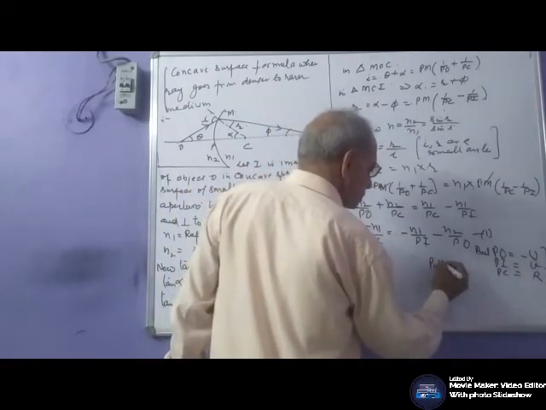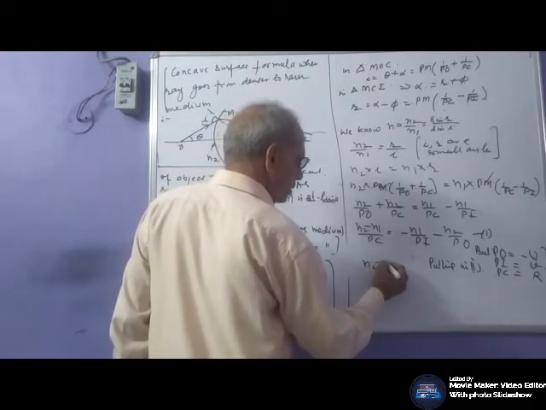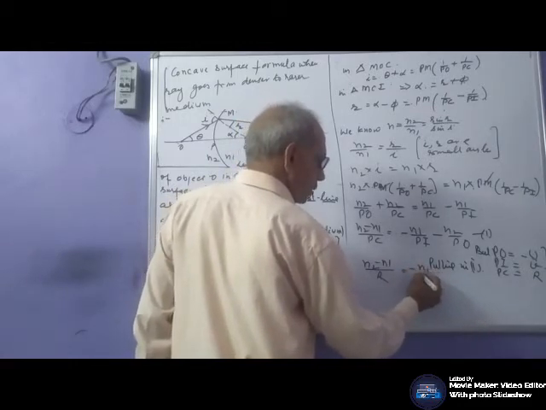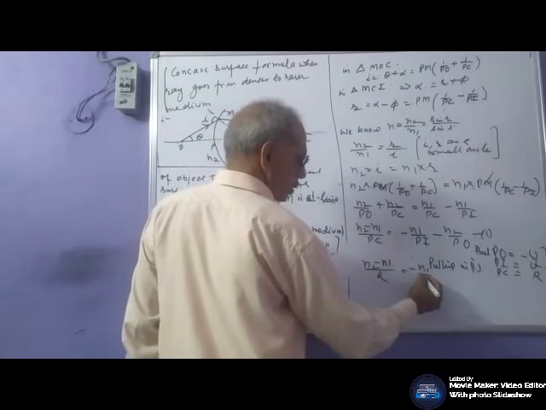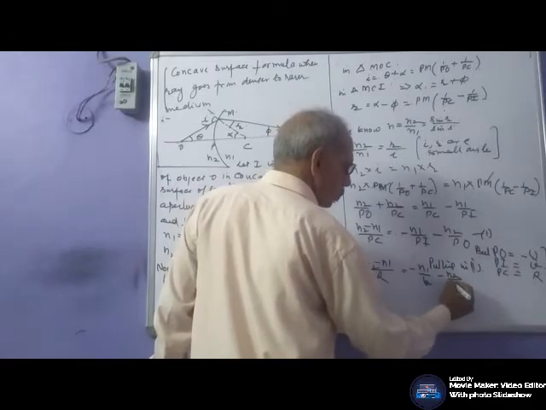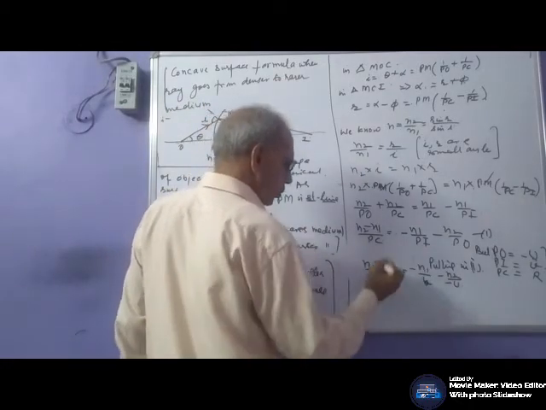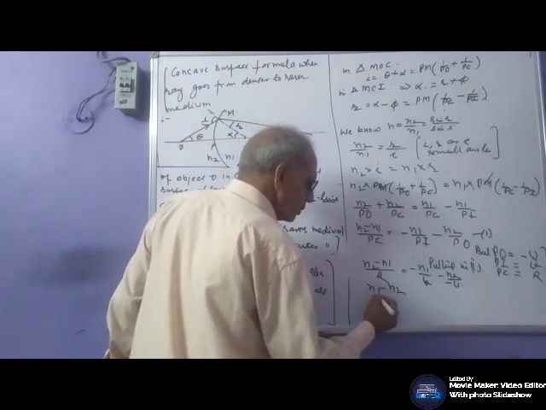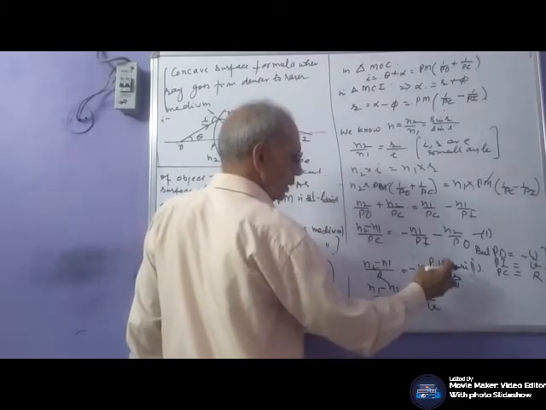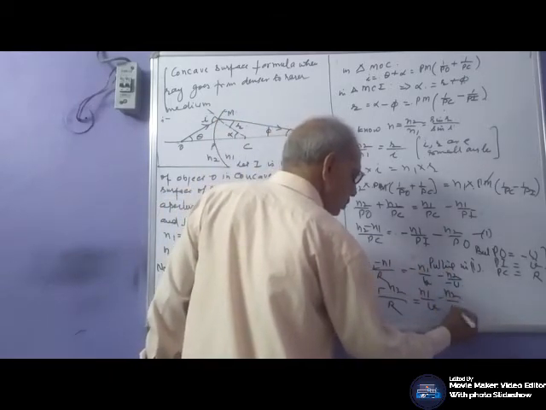Putting these values in the first equation: N2 minus N1 by R, minus N1 by V, minus N2 by U. Multiply minus on both sides: N1 minus N2 by R, minus N1 by V, minus minus plus, multiply minus on both sides, it is N2 by U.